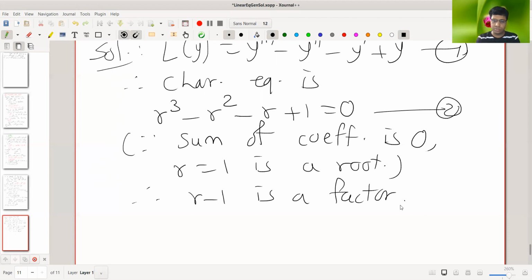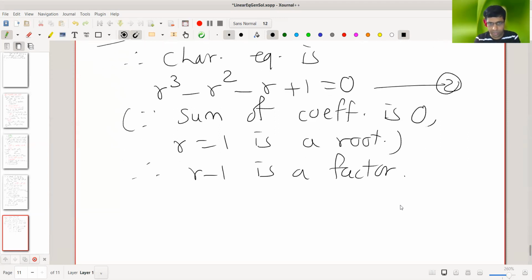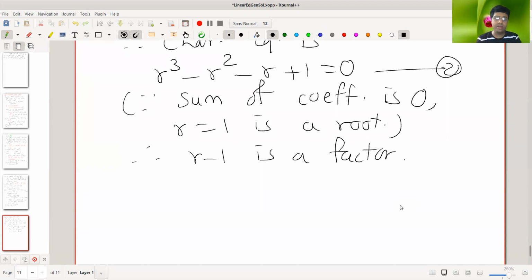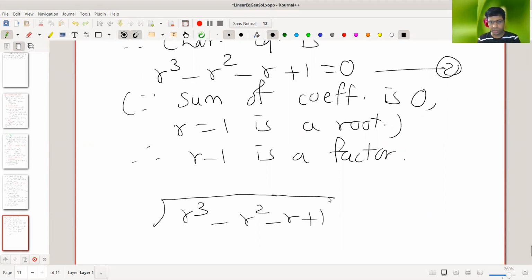So we divide this polynomial by r minus 1 and we get the lower degree factor. So we use synthetic division. We write this polynomial r cube minus r square minus r plus 1 here, and write this factor r minus 1 here, and we divide it as usual.